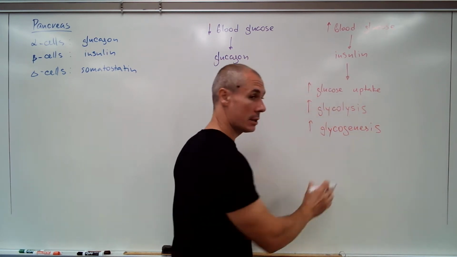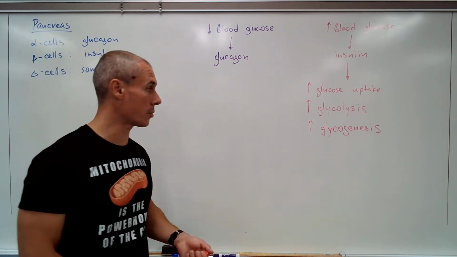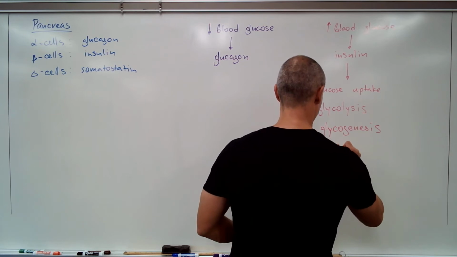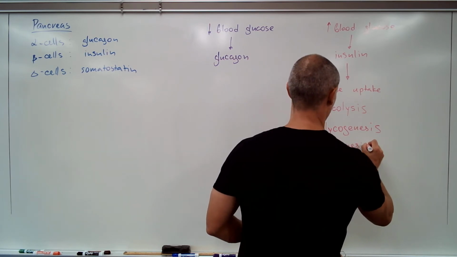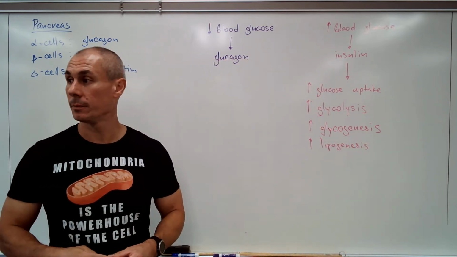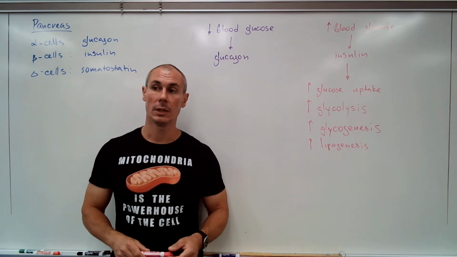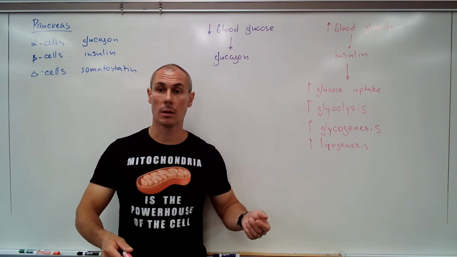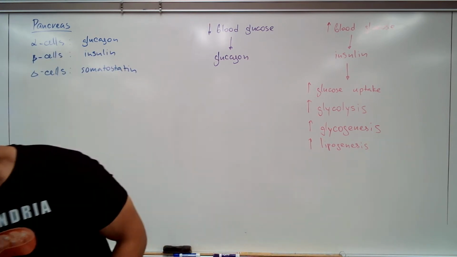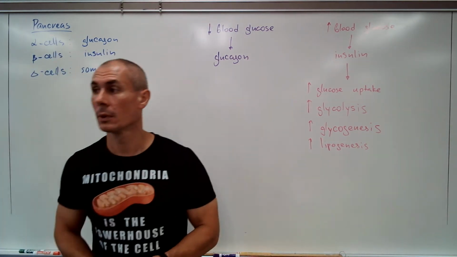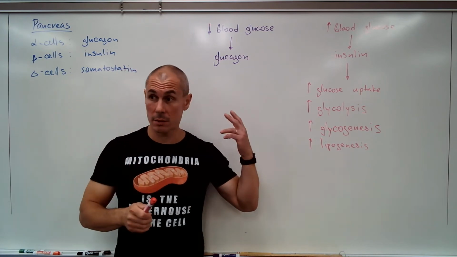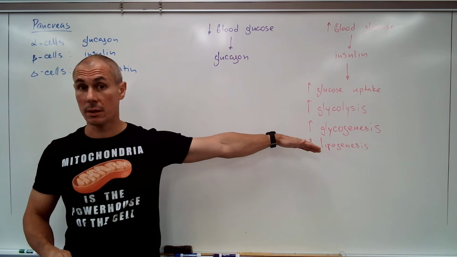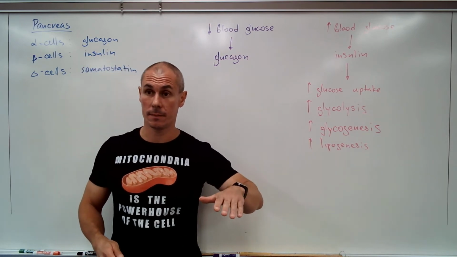So glycogenesis refers to increased storage of glycogen and increased lipogenesis. Does that make sense? These are all the processes that are stimulated by insulin.